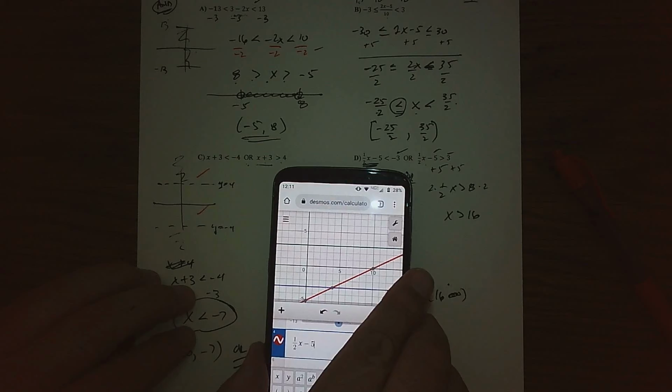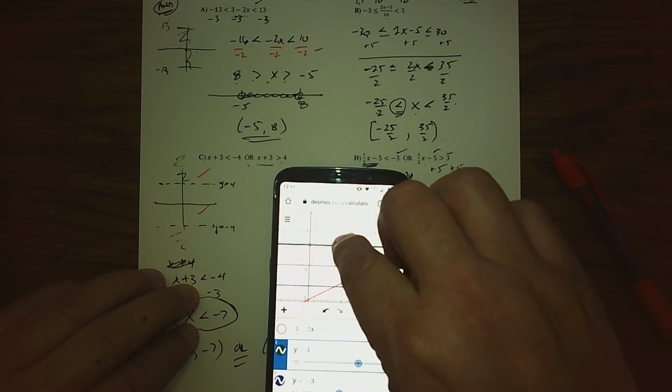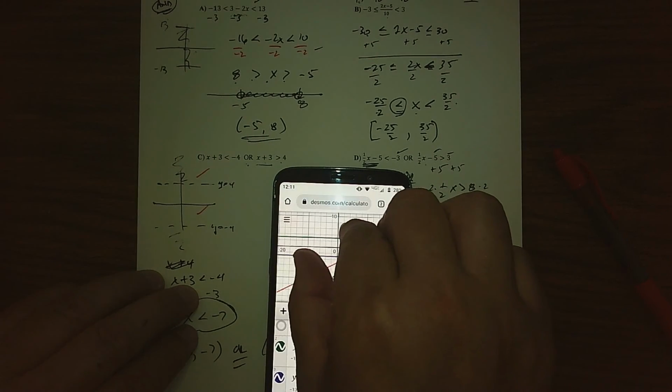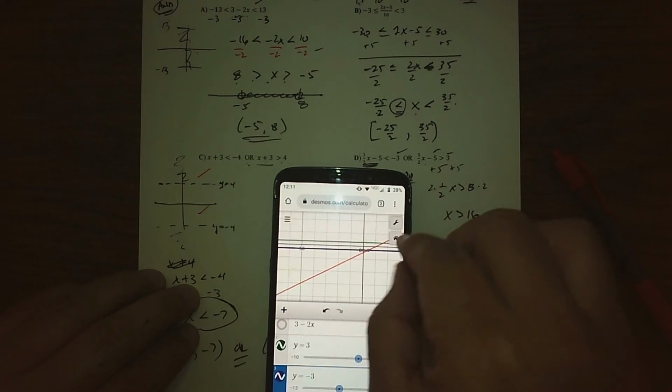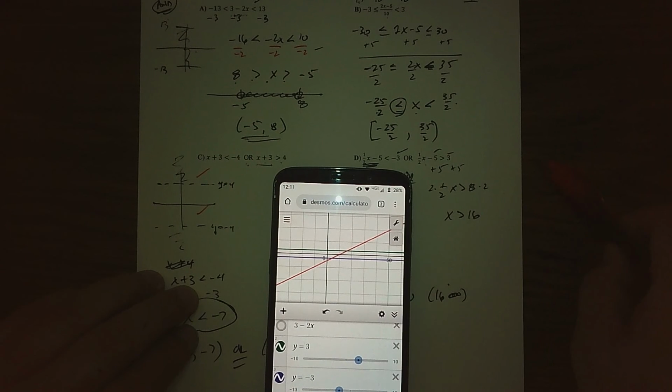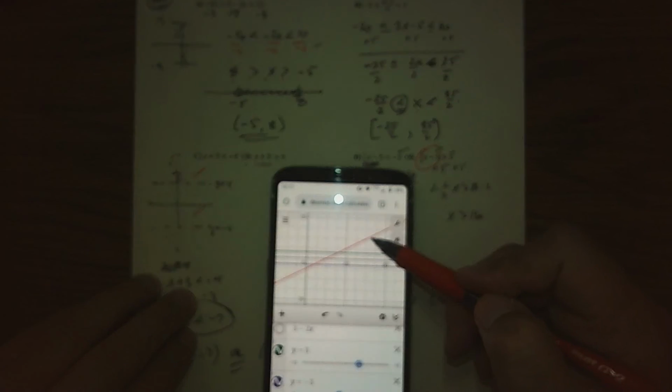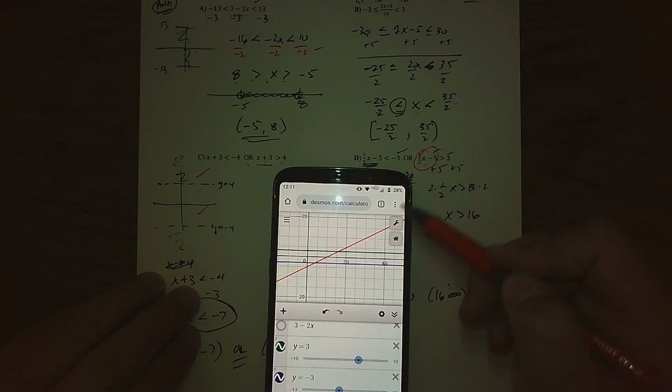All right, so here we are. So in red is basically the line 1/2 x minus 5. Let me zoom out here. We can see that at 16, that's that location there, the graph of the line is above +3.